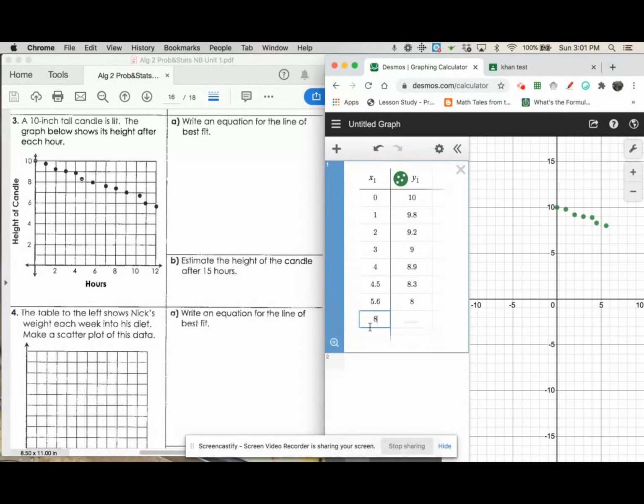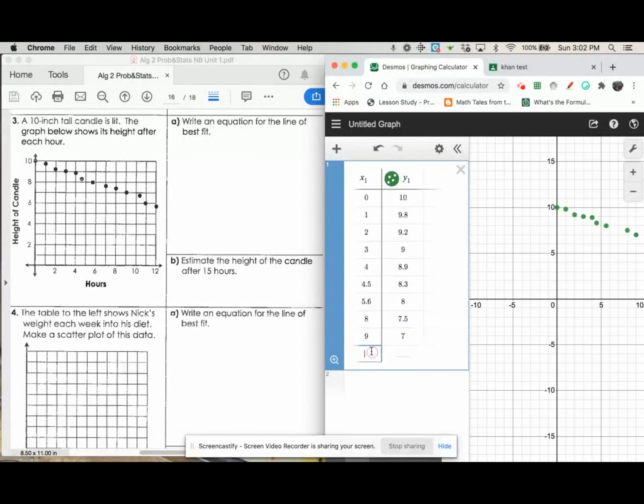We'll say 7.5, it's kind of in the middle. Next one is at 9, 7 inches tall, so we'll put that there. Then the next one is a little bit more than 10 hours, so let's say it's 10.2 hours.